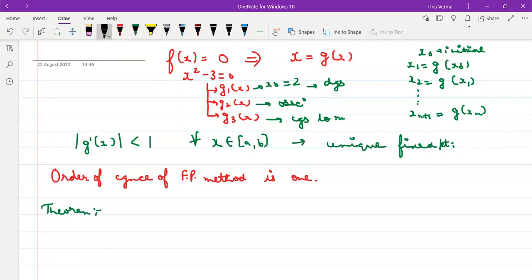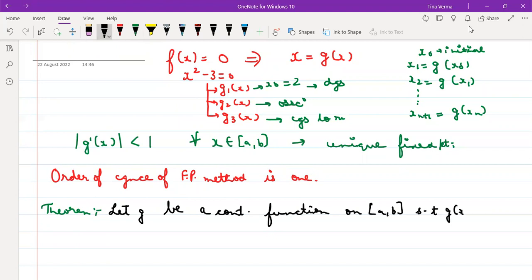Let g be a continuous function on the interval [a,b] such that your g(x) is also belonging to the interval [a,b] for all x belonging to your [a,b].